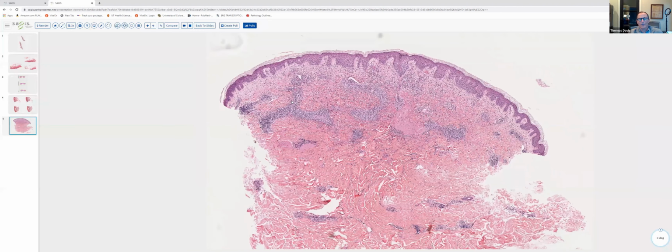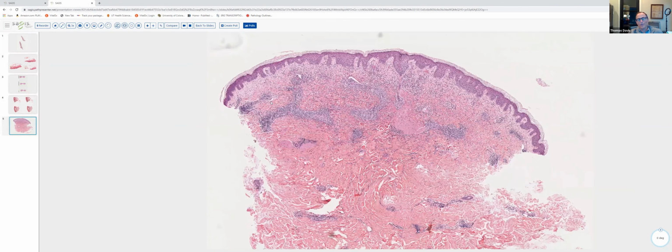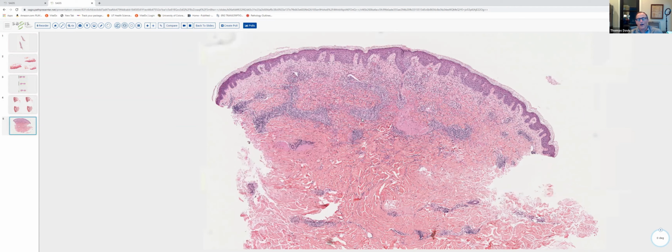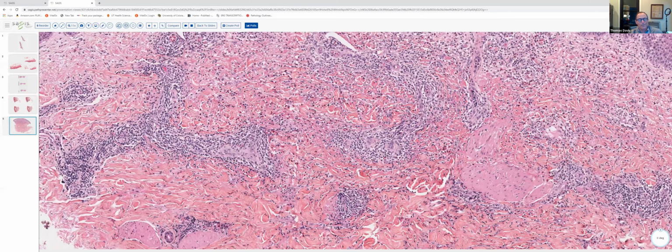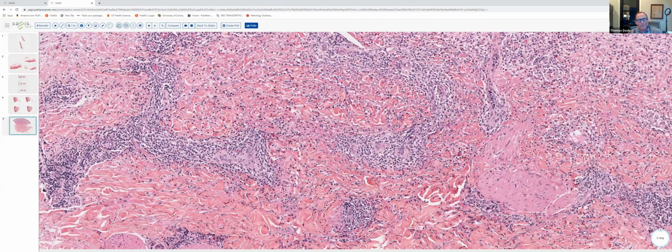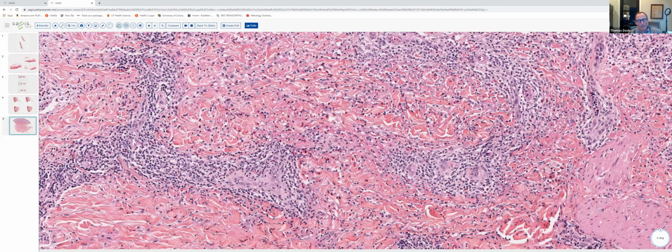One might consider, given the density of the infiltrate, its wedge-shaped, mixed cell nature, something like an early lesion of lymphomatoid papulosis. In lymphomatoid papulosis type A, which we see most commonly, one would expect to see a few neutrophils in addition to the eosinophils.